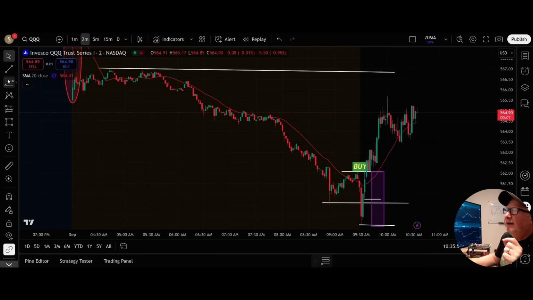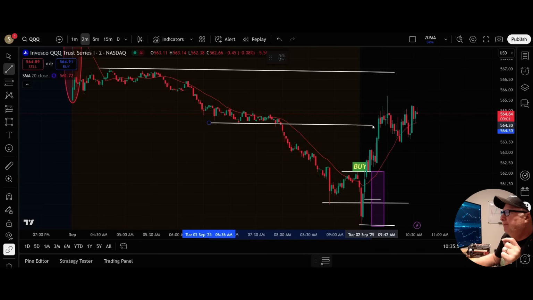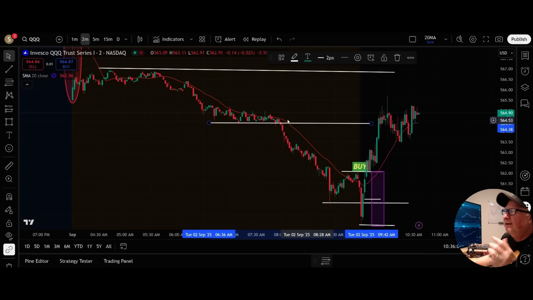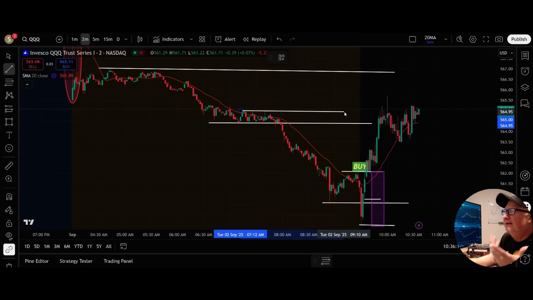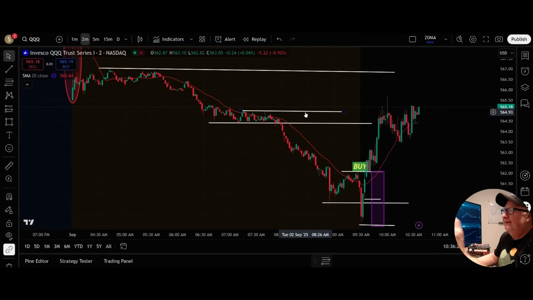One, I looked at where resistance was in the pre-market at 564.40, call it, and I looked at basically the top of this range around 565, just to make the number round. So remember that. I marked it at 565. That's resistance coming out of this base.